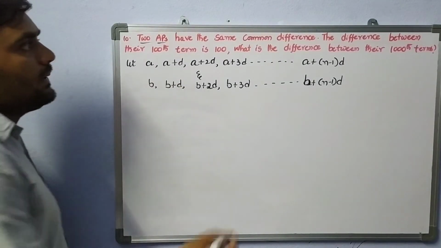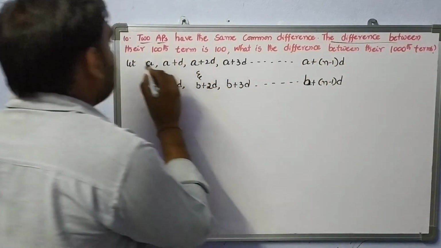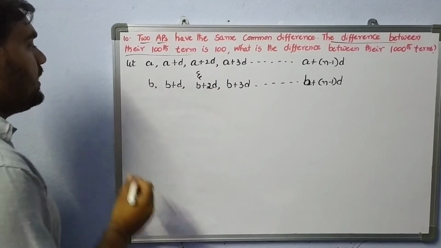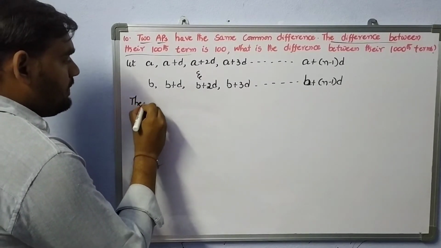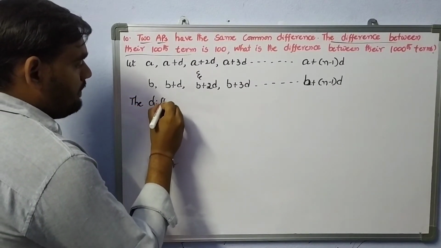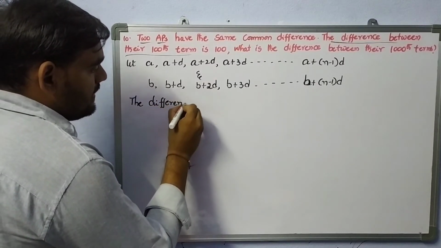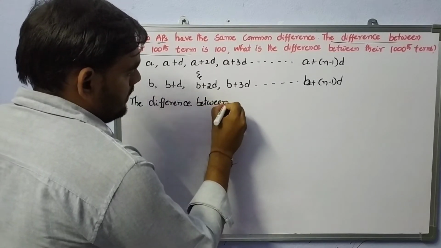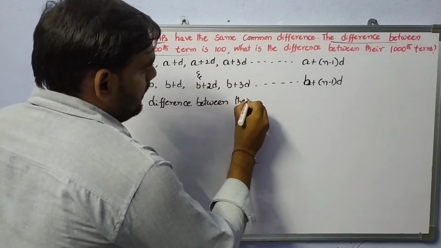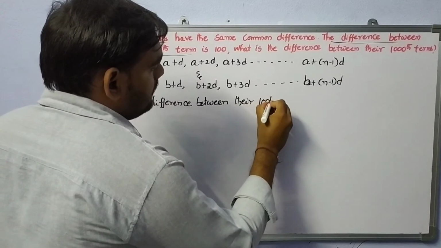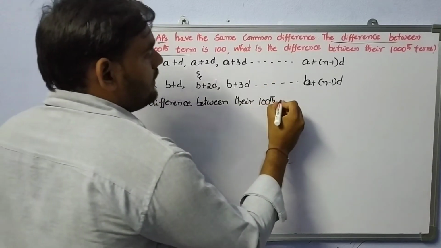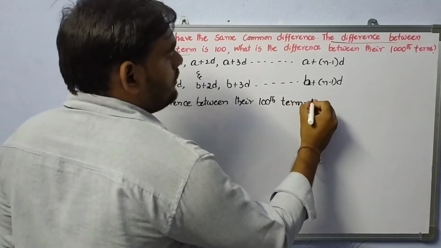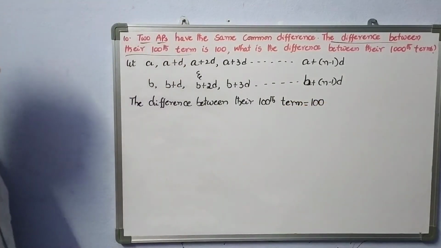But in this problem, they have given that the difference between their 100th terms is 100. So here the difference between their 100th term is equal to 100, they have given in the problem.